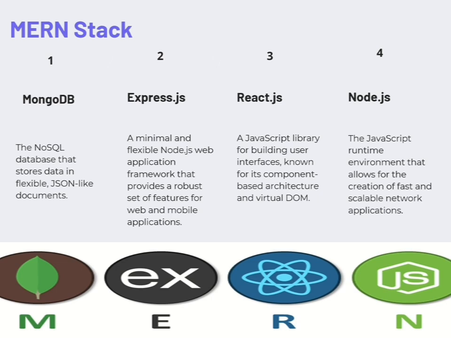Express.js is a minimal and flexible Node.js web application framework. React.js is used for building user interfaces. And last, Node.js is a JavaScript runtime that allows for the creation of fast and scalable network applications. Together, these technologies enable full stack development with a consistent JavaScript environment.